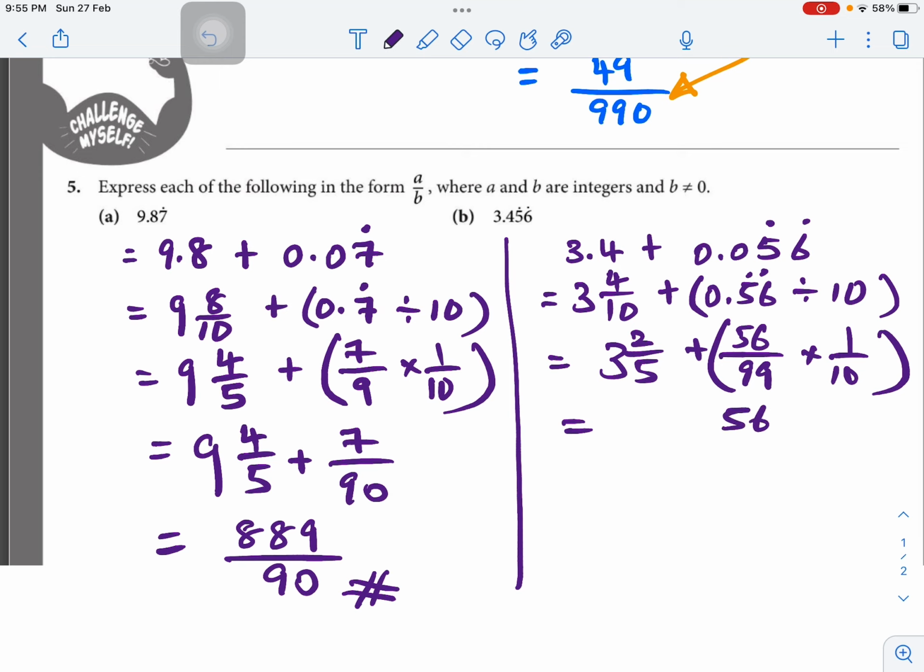So it's 56 over 990 plus, so this is, you can just add up using a calculator, and you should get 1711 over 495.